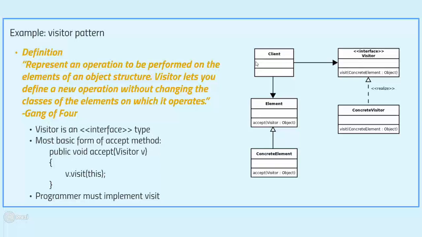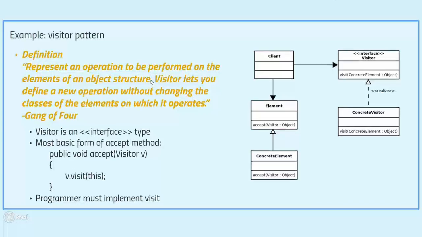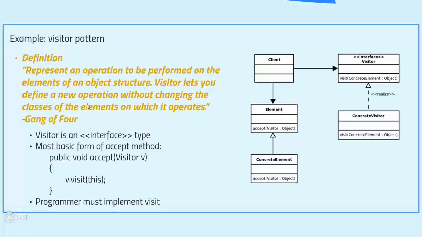One more example is the visitor pattern. The definition of the visitor pattern is to represent an operation to be performed on the elements of an object structure. Visitor lets you define a new operation without changing the classes of the elements on which it operates. First of all, like the iterator pattern, the visitor is an interface type.